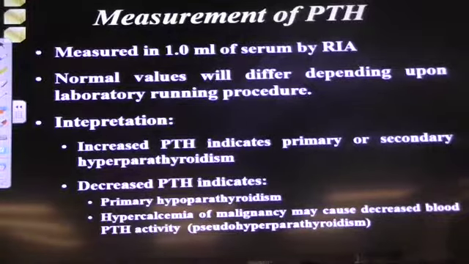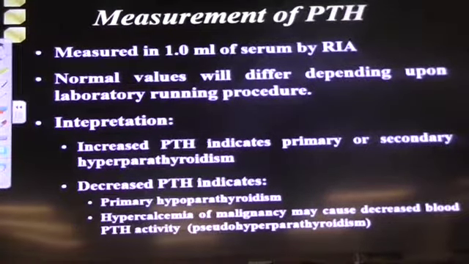And how do you measure it? You measure it in 1 ml of serum by radioimmunoassay type things. Normal values will differ depending upon which laboratory is running the exact same test. I know it's not right, but that's what happens. So you never send to one lab and then interpret those values from results from another lab. You have to interpret from the results from the laboratory that does it.